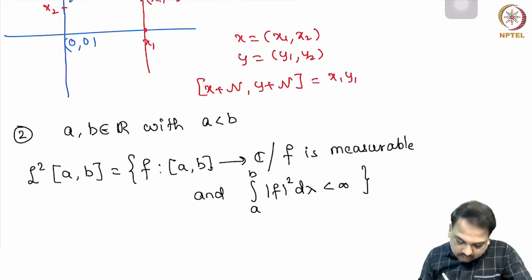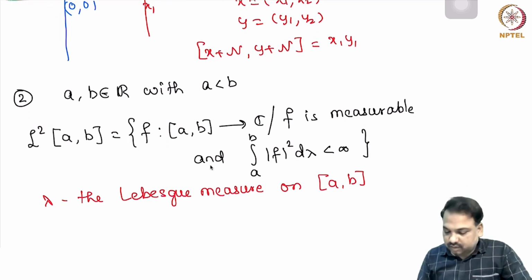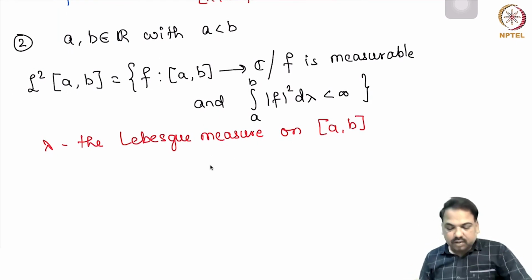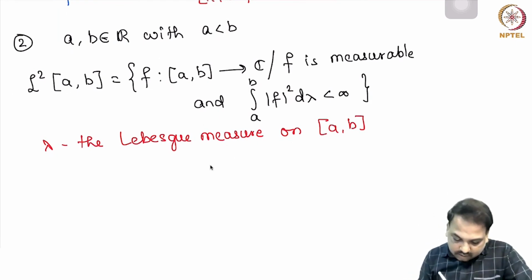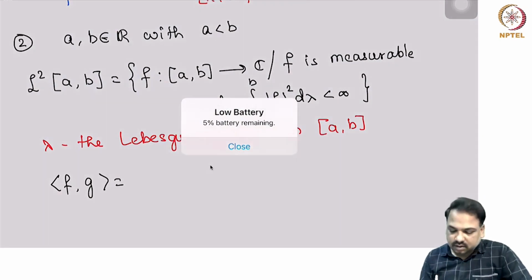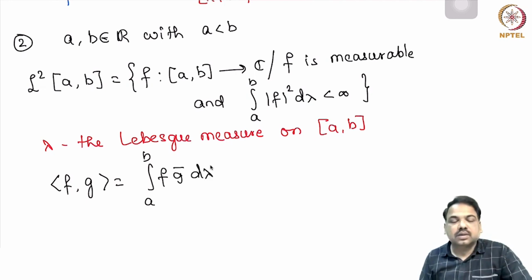Here lambda is the Lebesgue measure on the Borel subsets of the closed interval [a, b]. Now here we define the semi-inner product like this for any f and g coming from script L2[a, b]. You can say that this is the integral from a to b of f g bar d lambda.